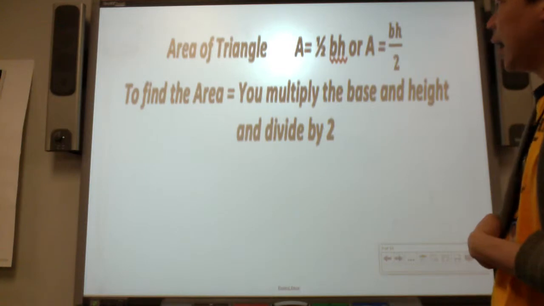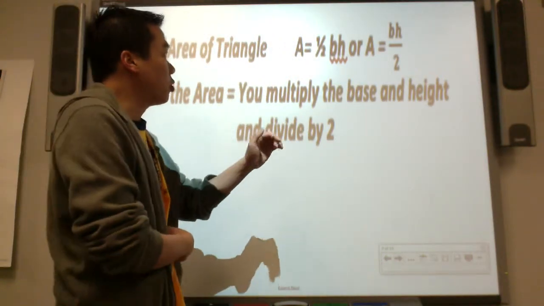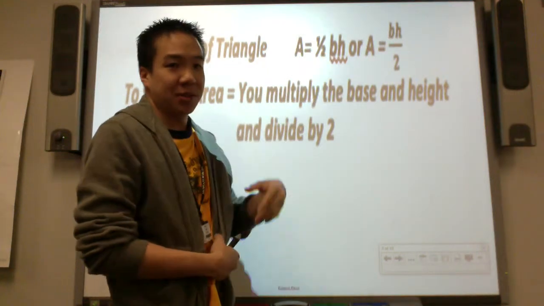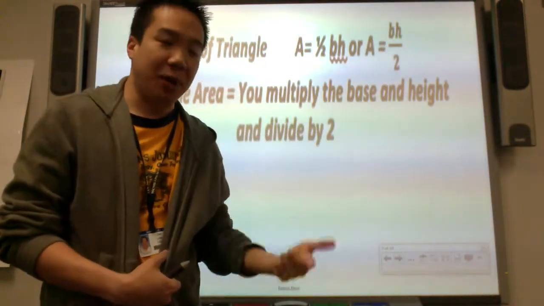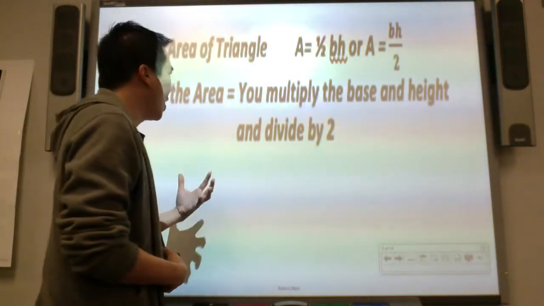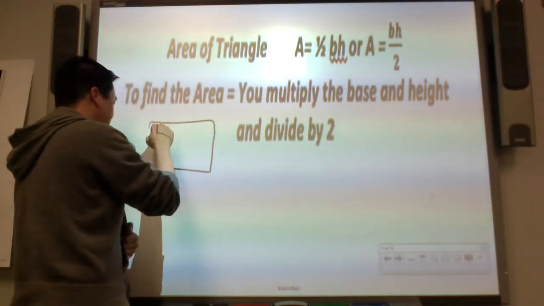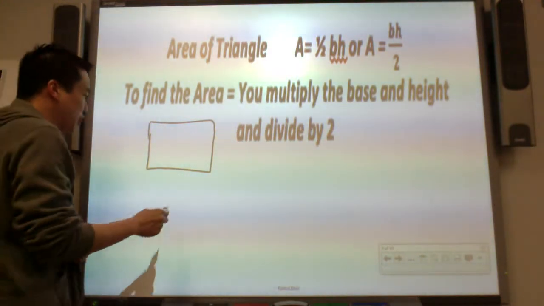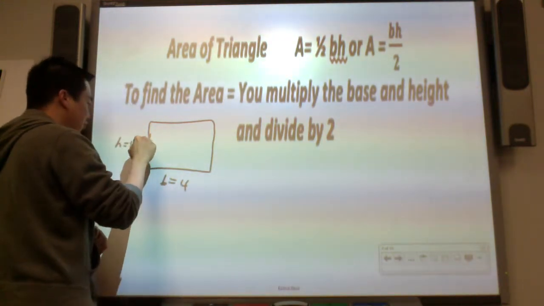So how do you do area of a triangle? There are two formulas. You can either do half of the base times the height, or base times height and you divide the number by 2. It's the same thing. So why do you do this? Well, here is a square. Imagine the square. The base is 4 and the height is 4.